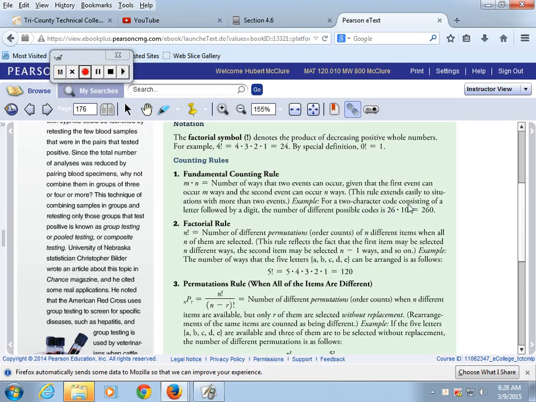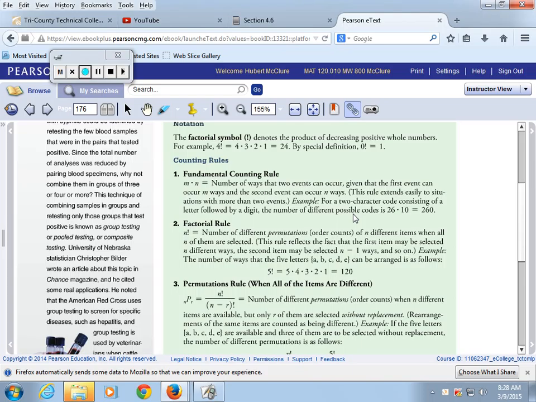For a 2-character code consisting of a letter followed by a digit, well, that would be 26 times 10. All right, now you need to remember that example right there because you may see it in your homework or the test, maybe one, not many, but it's a very simple multiplicative rule.